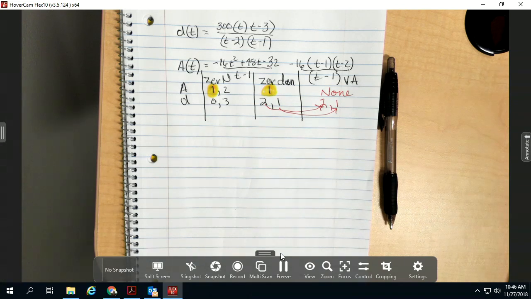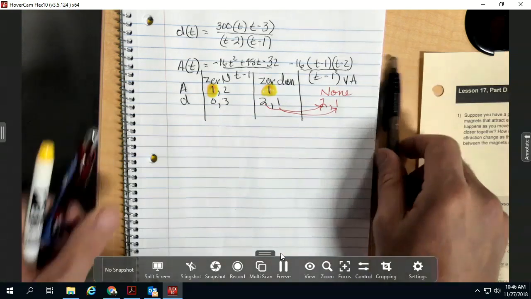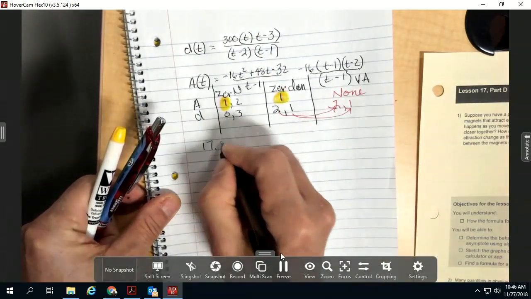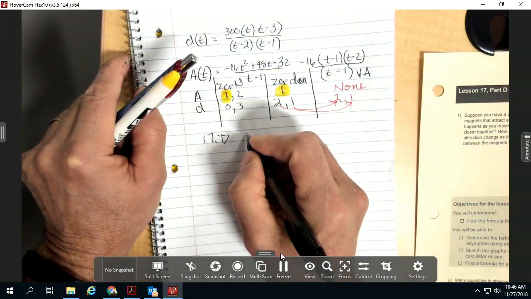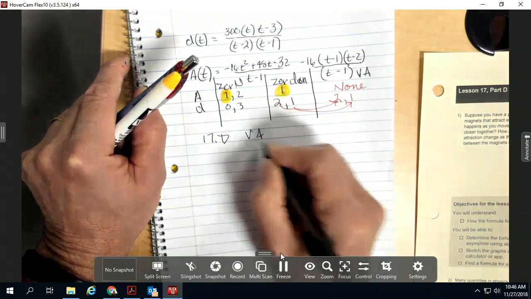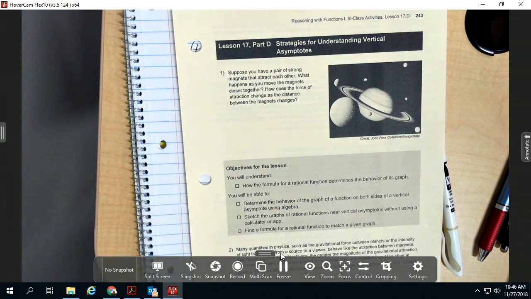Page 17D. More on vertical asymptotes. Suppose you have a pair of strong magnets that attract each other. What happens as you move the magnets closer and closer together?